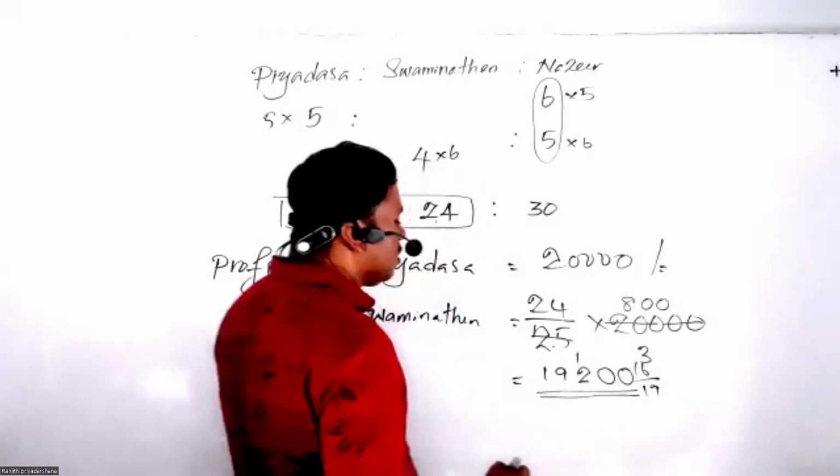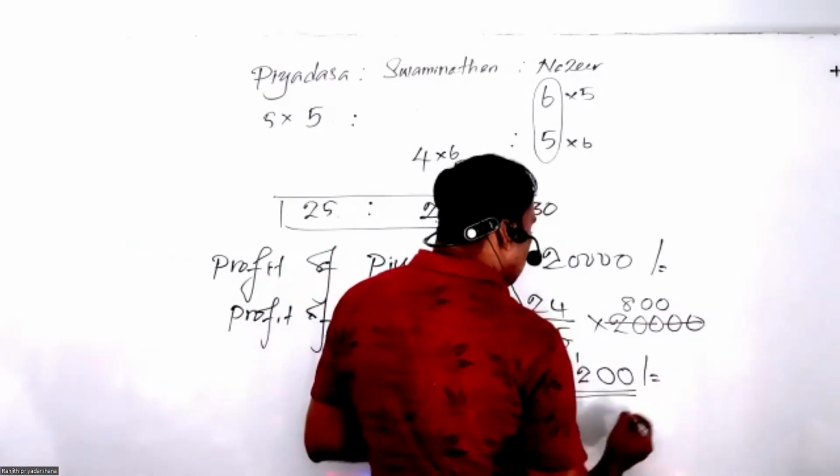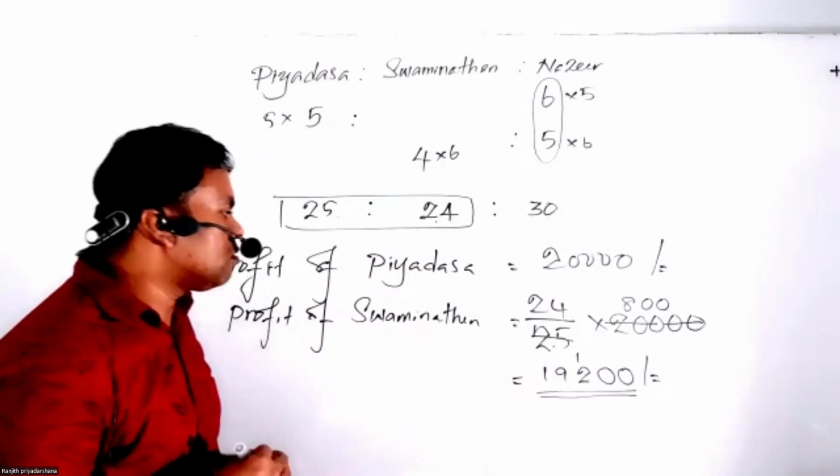So that's 19,200 rupees. Swaminathan received 19,200 rupees.